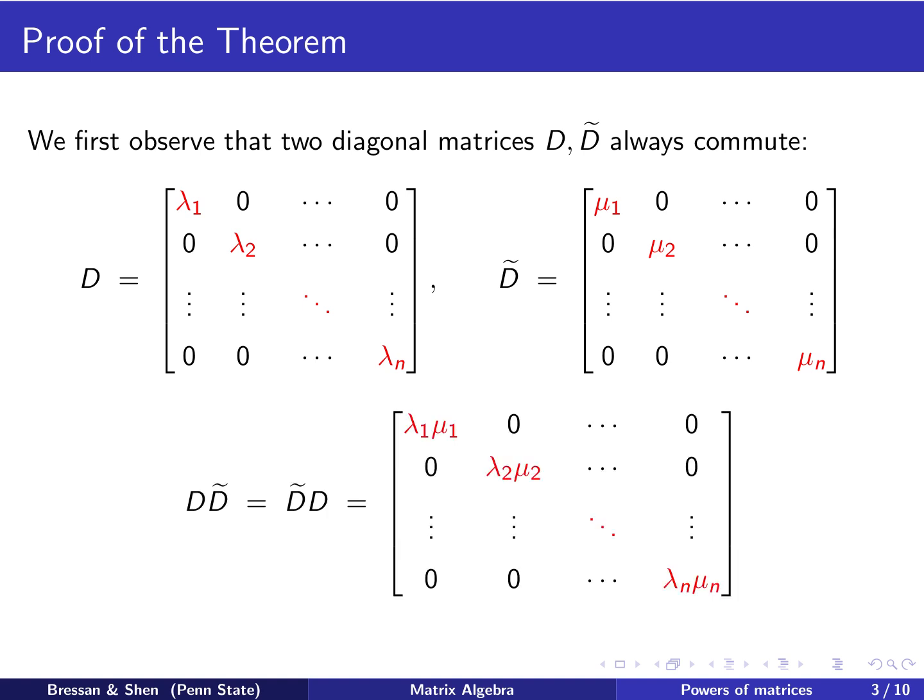Then we can carry out the product D times D tilde and the product D tilde times D, and you can easily verify that they are equal, and they equal a matrix that has diagonal elements which are the products of the corresponding entries in D and D tilde. So lambda 1 times mu1 will be the first element, lambda 2 times mu2 will be the second diagonal element, and so on and so forth.